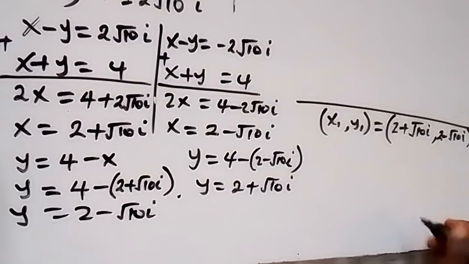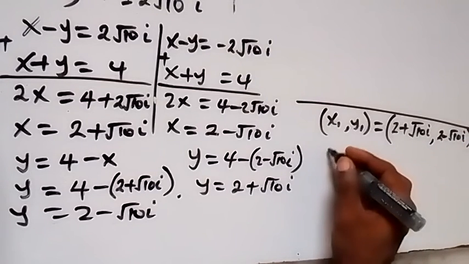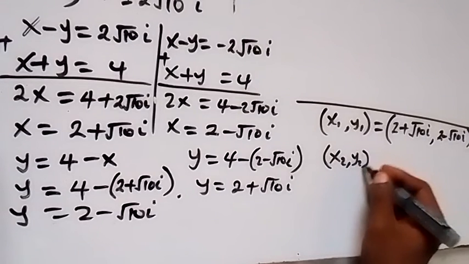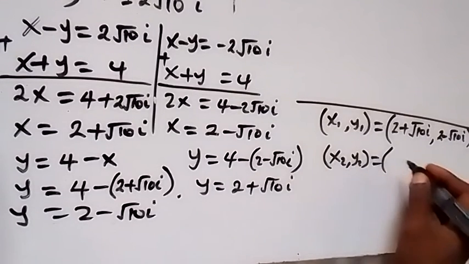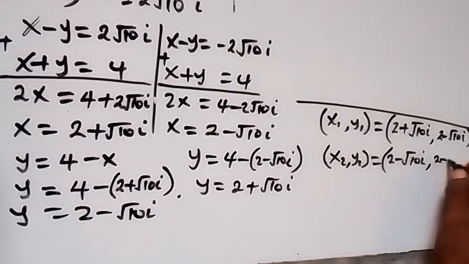Then also we have the second set of solution, x2 comma y2, where x is 2 minus root 10i, and y is 2 plus root 10i. Then that is for the first case, when we have xy equals 14.